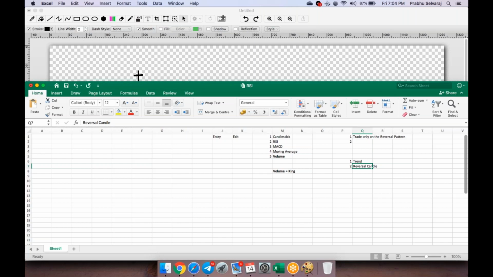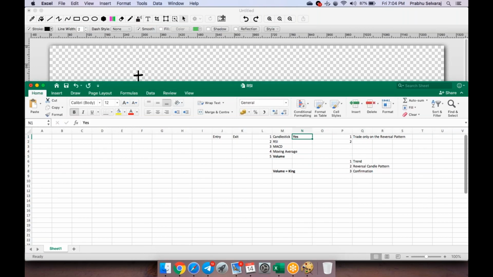The colors, the wicks, and all the conditions mentioned there have to be met. Once the pattern is done, you have to get a confirmation of the trend reversal. Once trend, reversal pattern, and confirmation are all there, then the candlestick parameter says yes.